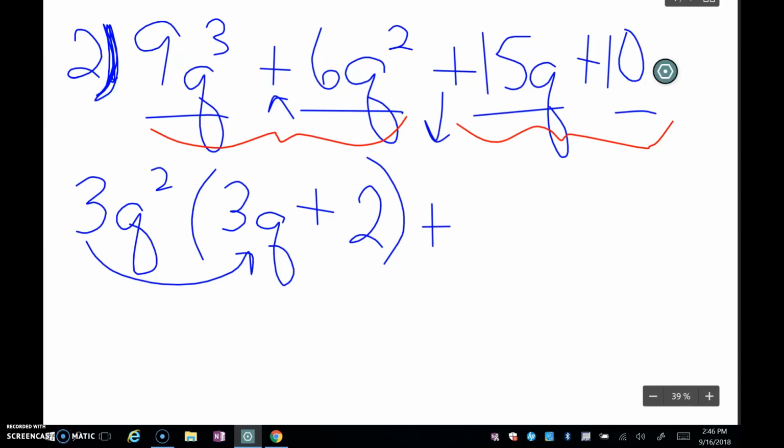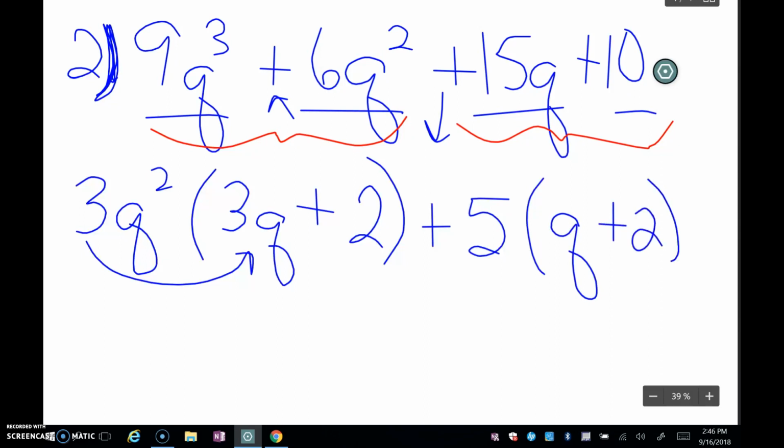My 15 and my 10 have a 5 in common, which leaves me with a 3q plus 2 left to give me that polynomial. I almost forgot that because I've got to get 15q and 10. So it should have a 3 in there, you guys.